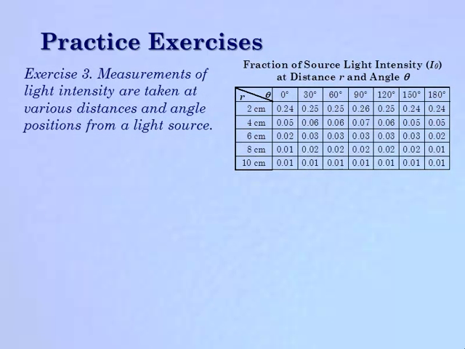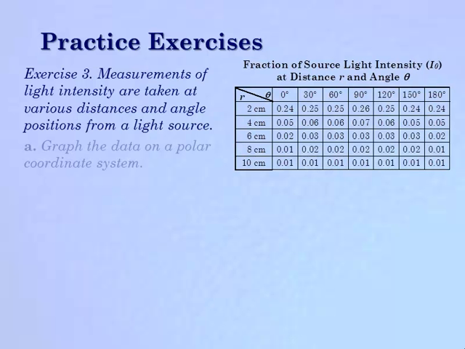All right, so let's look at an example of a polar relationship of coordinates in a polar coordinate system. So we have measurements of light intensity taken at various distances and angled positions from a light source. As our illustration in our text shows, you have a light source that's up against a wall, and we're going to measure light all around at angles of 30, 60, 90, right in front of the light source, and around to the other side of 180, at different distances from the source: 2, 4, 6, 8, and 10 centimeters away.